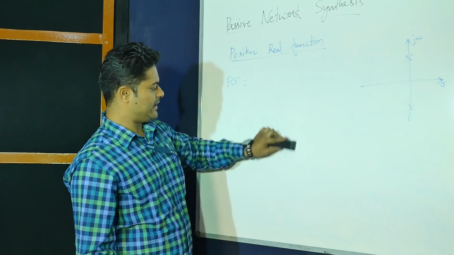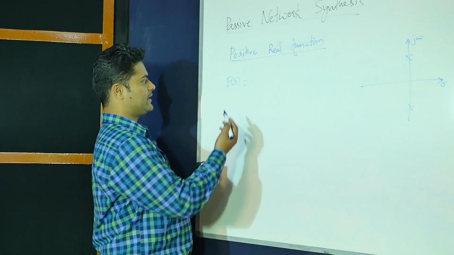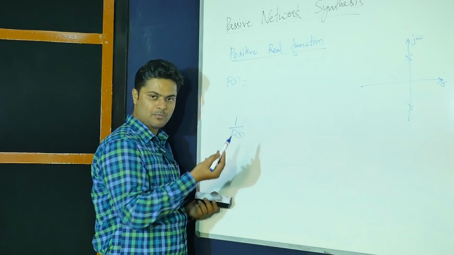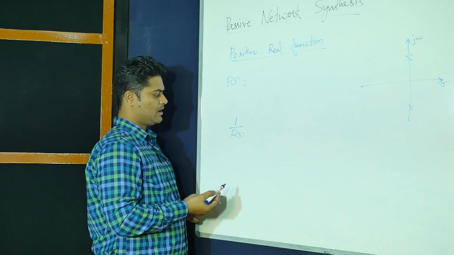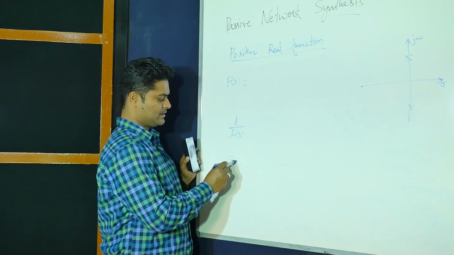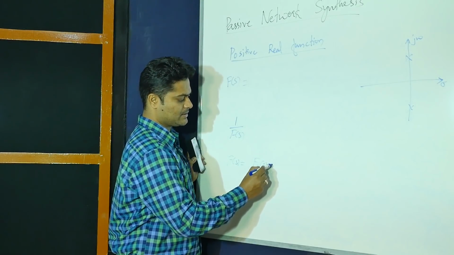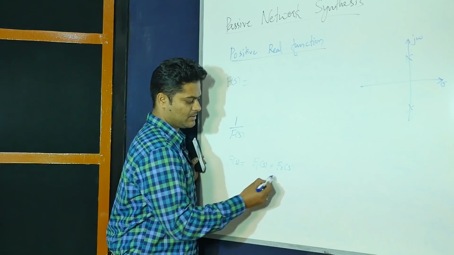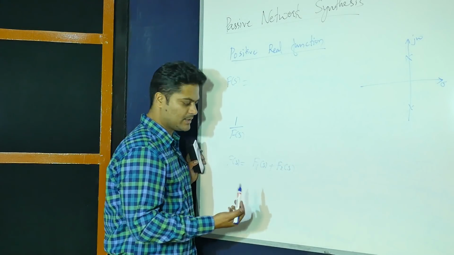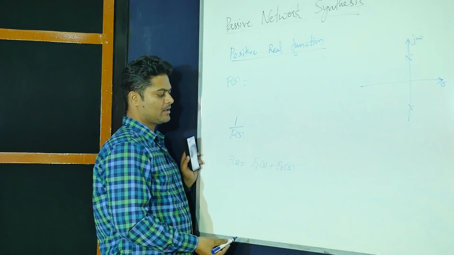So, consider a given function that is a positive real function. If f of s is a positive real function, then 1 by f of s is also a positive real function. Or if f of s is written in terms of two functions, f1 of s and f2 of s, and both are positive real functions, then the addition of those two functions is also a positive real function.